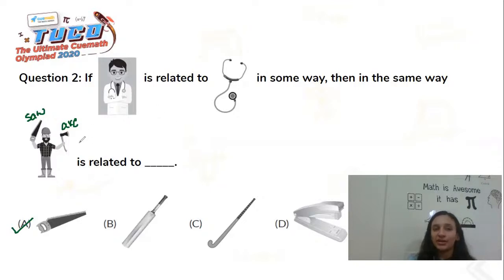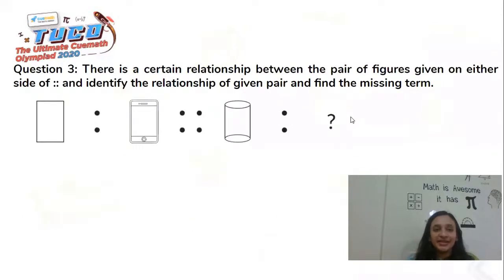The same way, a woodcutter, a man who cuts wood, would have axe and saw as his primary tools. And in the options, we did not have an axe, but we had a saw, so we chose that as the correct answer, ruling out bat, a hockey, and a stapler, which are not the tools of a woodcutter. Moving on to the next question.